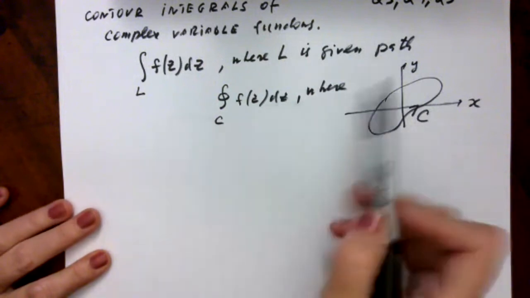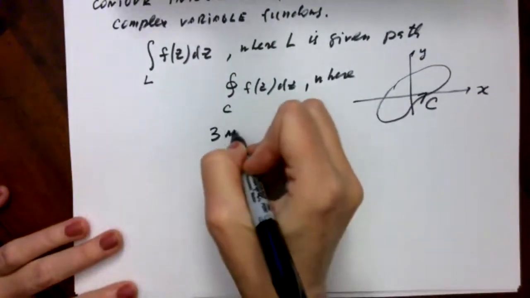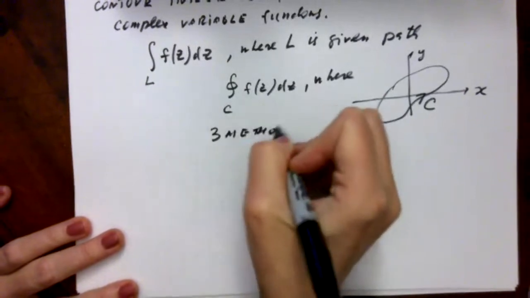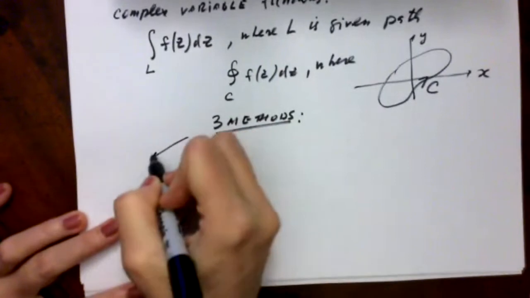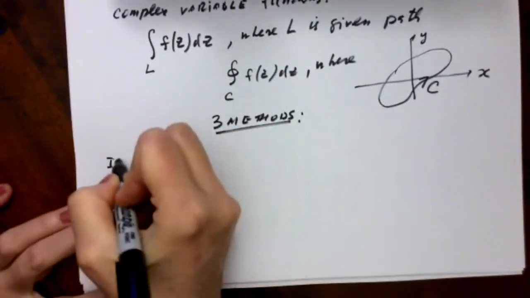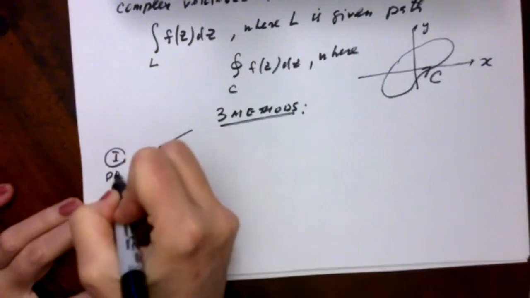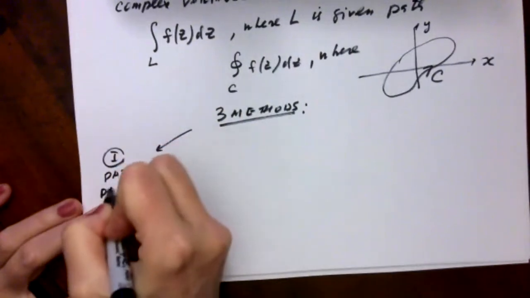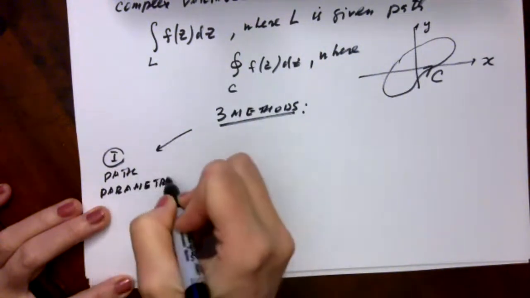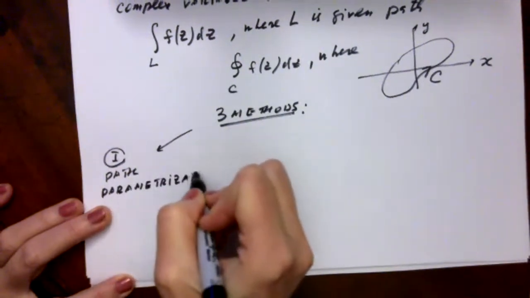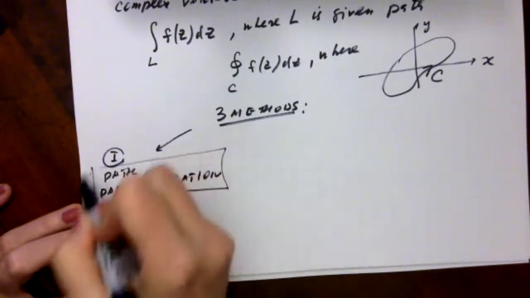Okay, so how can this integral be calculated? It turns out there are 3 methods which you need to master in this particular tutorial. So the first method, let's call it method 1, is the path parameterization method. Sounds very familiar, actually, because we use the same method for work integrals.